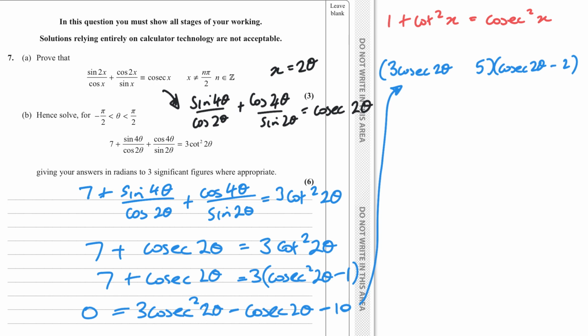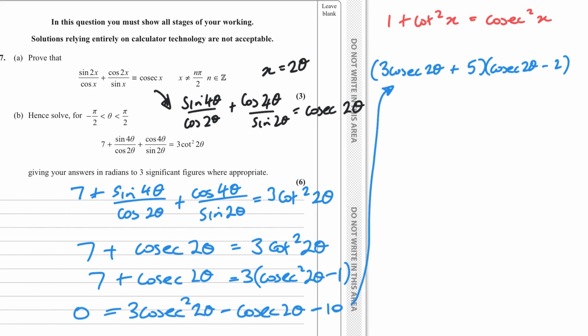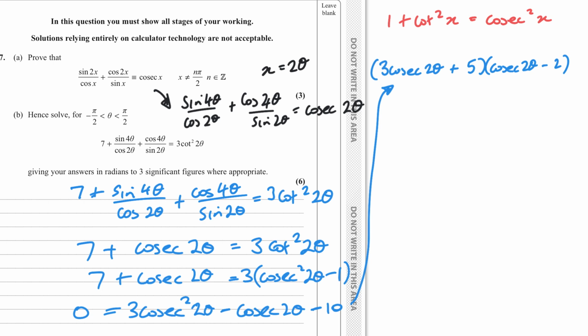So I want 5 take away 6, so that's going to be my setup. And just checking, 3 cosec squared minus 6 plus 5 gives me the minus 1, and 5 times negative 2 gives me my negative 10. And of course this equals 0. Now I'm going to take this to a nice new page so we can solve the final bits.